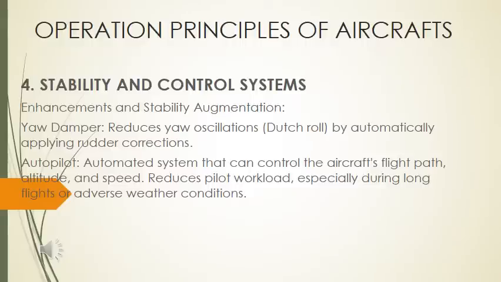During long flights, there will be a stage where the flight path is simply defined. In such a case, we can deploy the autopilot. It can control the aircraft flight path, altitude, and speed.